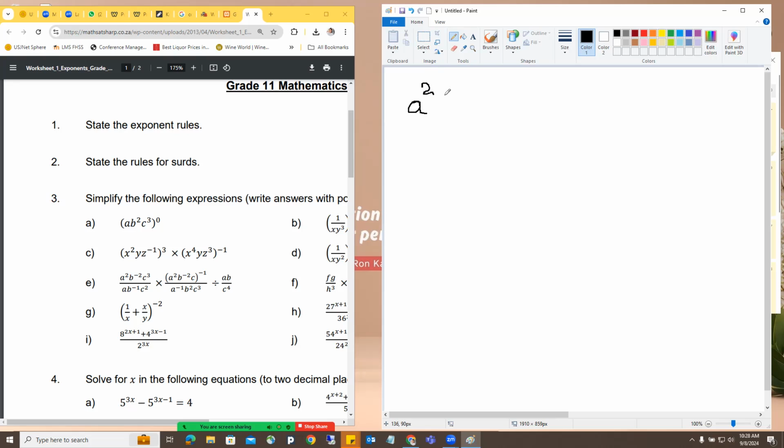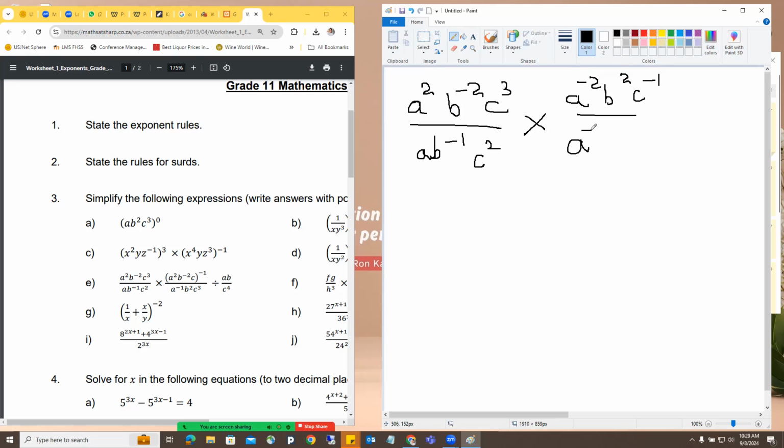Okay. Here we have A squared, B minus 2, C cubed divided by A, B minus 1, C squared into, okay, here we have A minus 2, B squared, C minus 1 divided by, again we have A minus 1, B squared, C cube into C4 divided by AB.